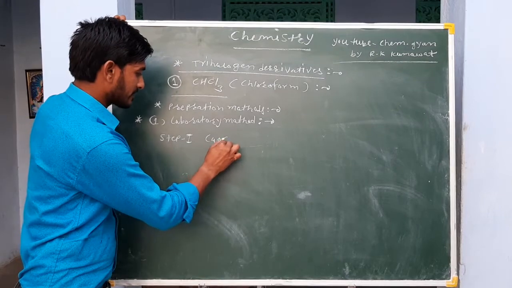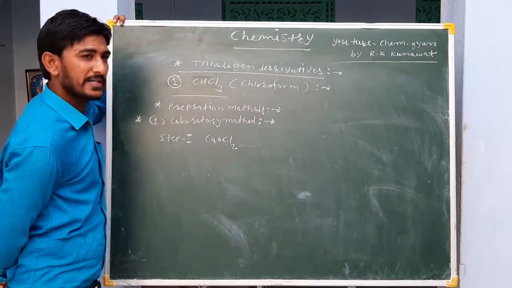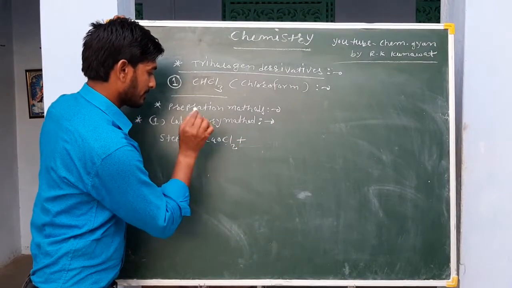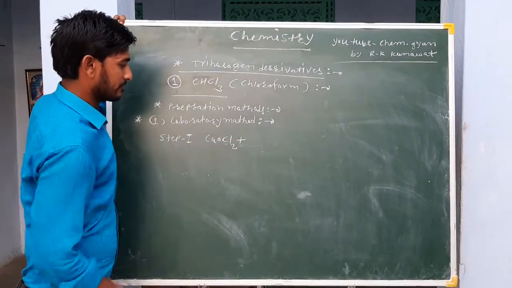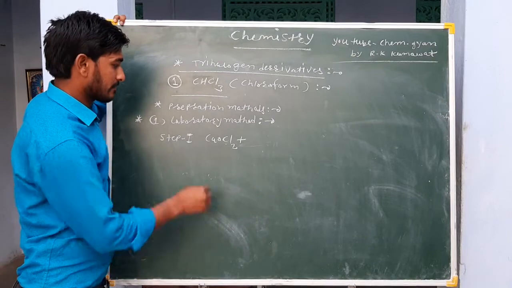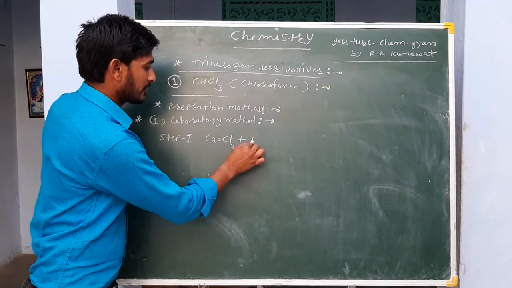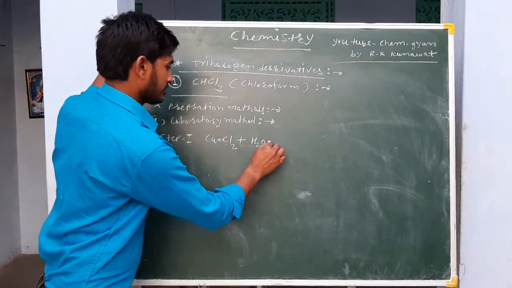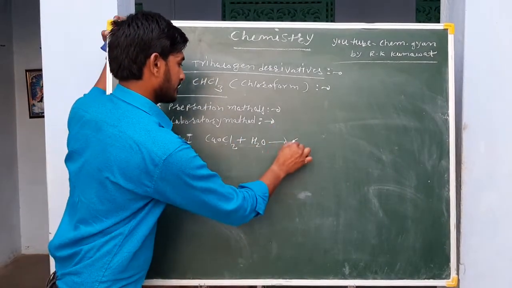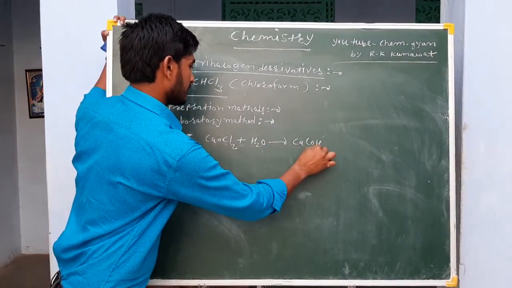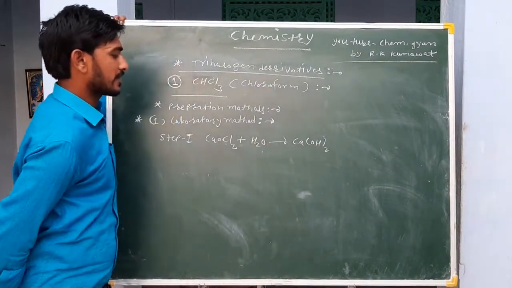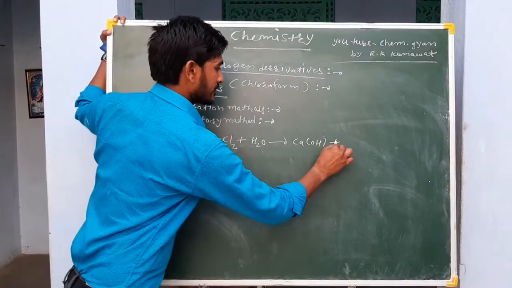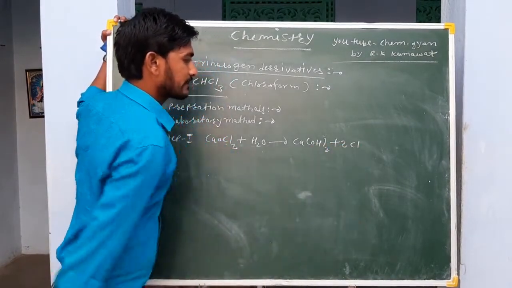Bleaching powder, CaOCl2, calcium oxychloride, reacts with water and forms Ca(OH)2 and 2 Cl atoms.